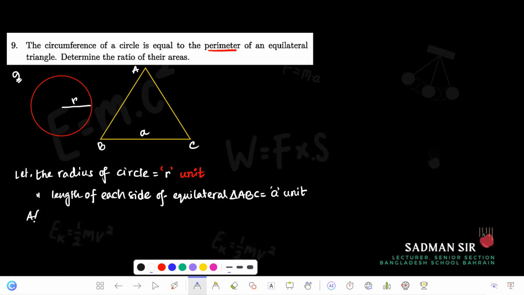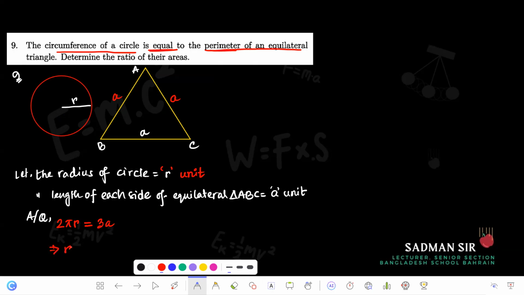Now, according to the question, what will we be able to write? According to the question, the circumference of the circle, that is 2 pi r, is equal to the perimeter of the equilateral triangle. What is the perimeter of equilateral triangle? If one side is a, all other sides will also be a, right? And perimeter is nothing but the summation of all the three sides. So a plus a plus a will give us 3a.